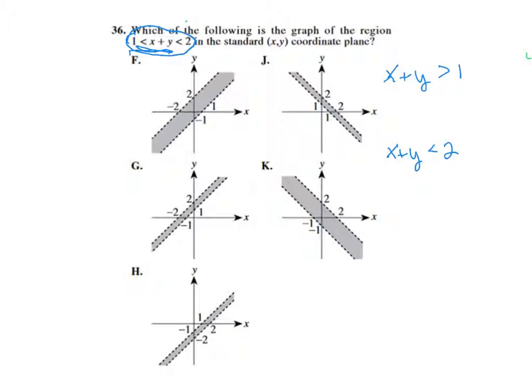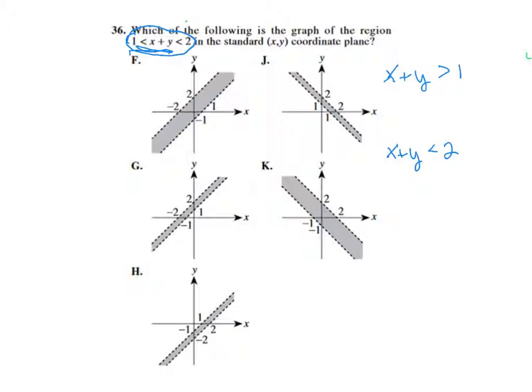So both of these statements, x plus y is greater than 1, and x plus y has to be less than 2. Both of those, if they were equal, would be equations for lines.